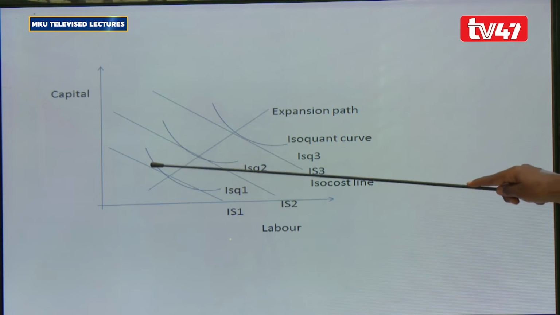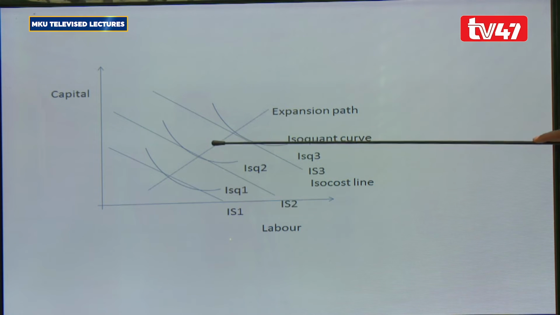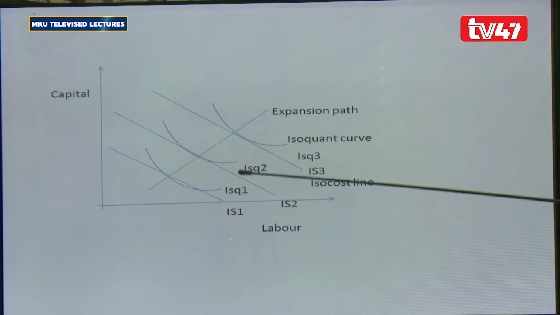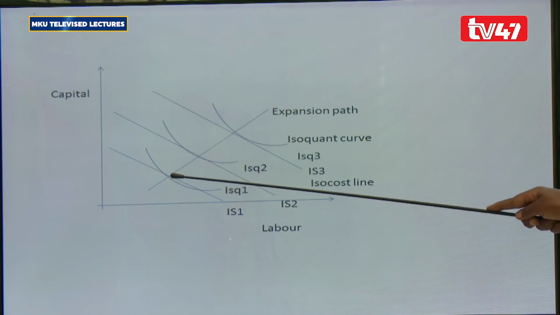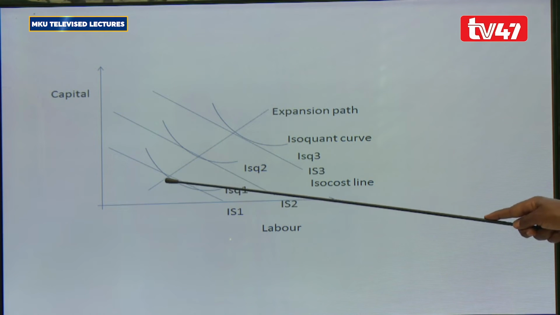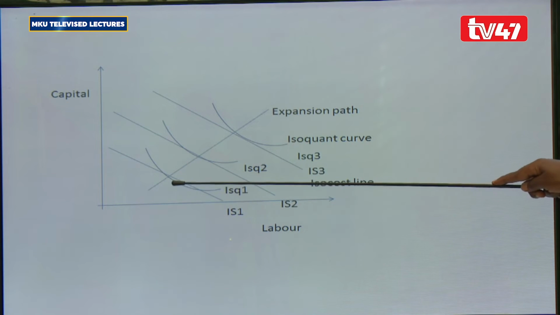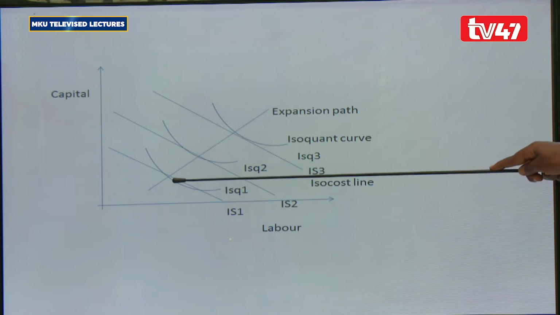At this level, he's operating at a lower level than isoquant or isocost 2 and 3, respectively. It means that he will be optimizing the output at the point where the isoquant curve touches the isocost curve.